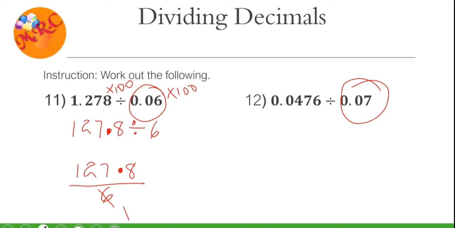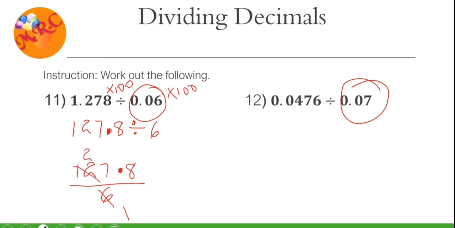Let's go. 1 into 12 is 2. Oh, not 1 into 12. Let's backtrack a bit. So 6 into 6 is 1. 6 into 1 can't, that would be 0. So we're going to say 6 into 12, and that's 2.